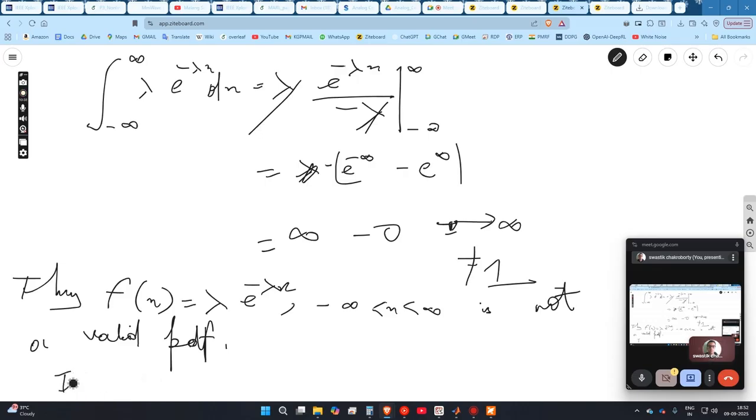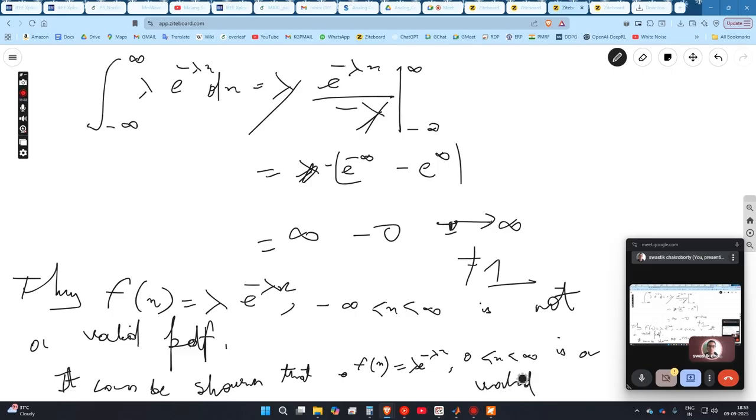It can be shown that f(x) equal to lambda e to the power minus lambda x, on 0 to infinity, is a valid PDF.